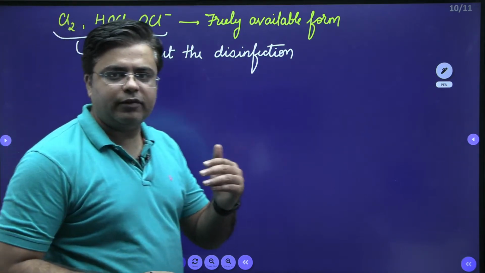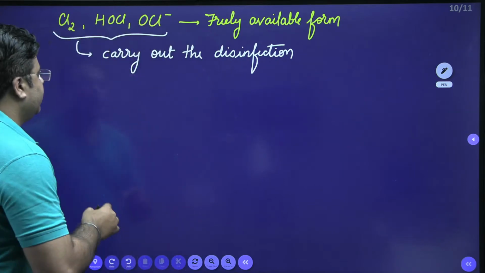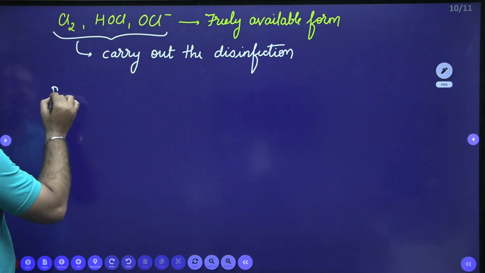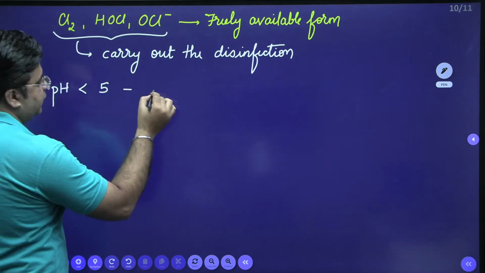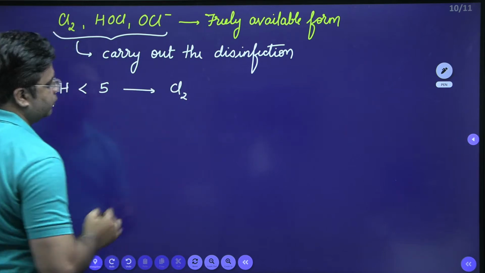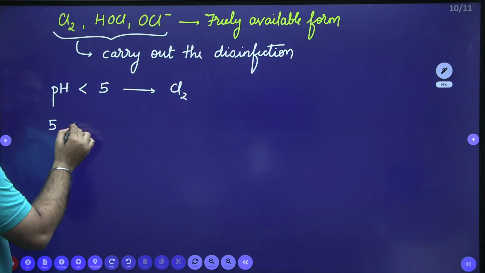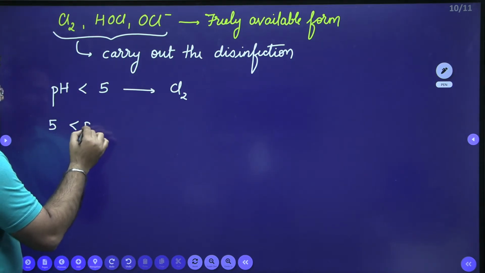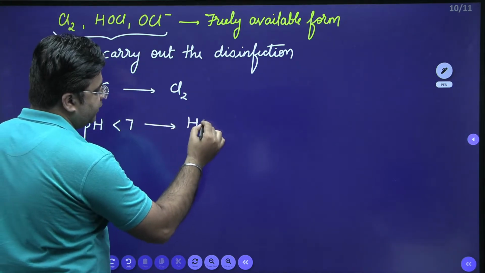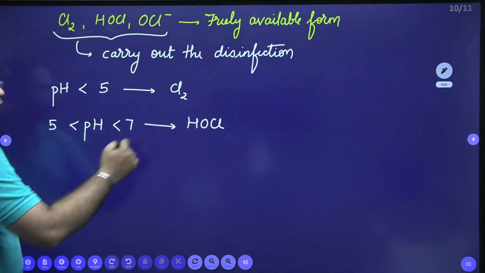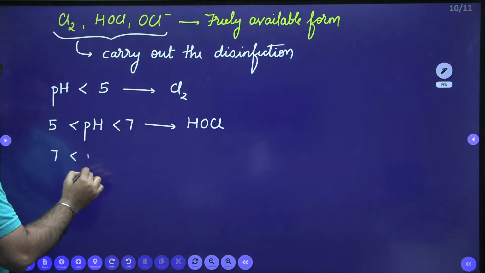Now these three available forms of chlorine are available at different pH. If pH of the water sample is less than 5, then you will see free chlorine, Cl2. If pH of the water sample is between 5 to 7, you will see hypochlorous acid, HOCl.